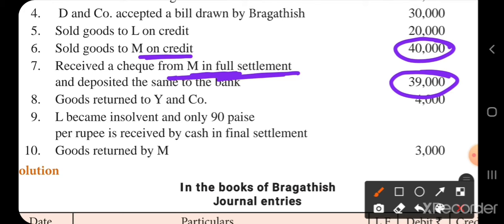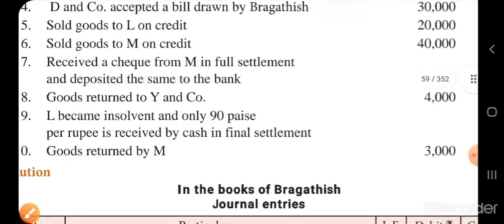I'll repeat once again. Bragadish has sold goods to M for rupees 40,000. That means he has to receive 40,000 from M. But he received a check from M for 39,000 and it is said that it is full settlement. That means the difference of 1,000 is the discount which Bragadish has given to M.